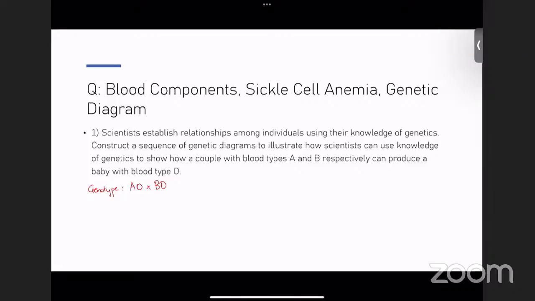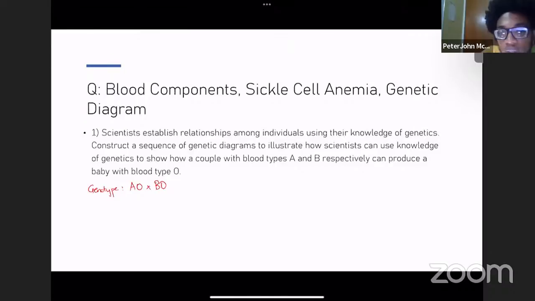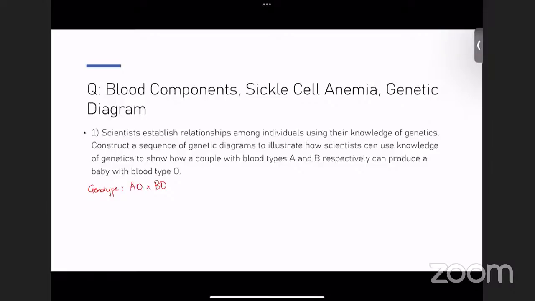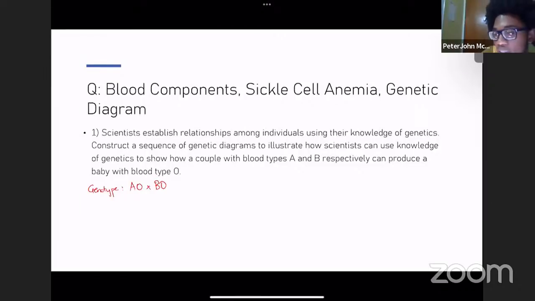Then you're going to cross. So the A will go to the B. How do I draw my square? You can also use a Punnett square. I have to draw my square. Sir, I thought you were just crossing, not Punnett. Okay. Nah, I always have to draw my square.